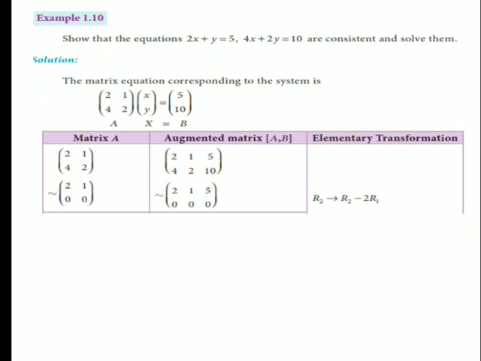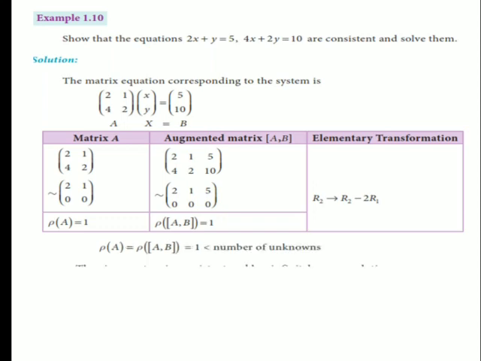You get this answer. Then rank of A equals 1, rank of (A, B) equals 1. Rank of A equals rank of (A, B) equals 1, which is less than the number of unknowns. So the given system is consistent and has infinitely many solutions.